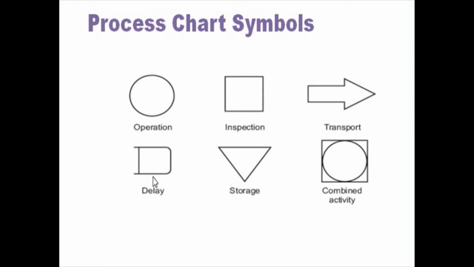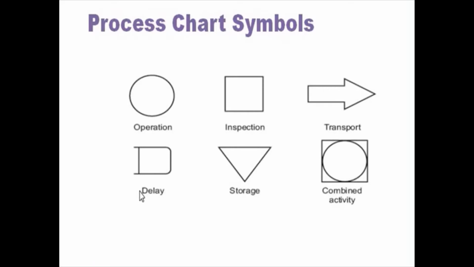The next symbol is the capital letter D, which indicates delay or temporary storage. Delay means the job, object or operator is waiting to be processed or waiting to go to the next activity. That is called delay, or sometimes temporary storage.